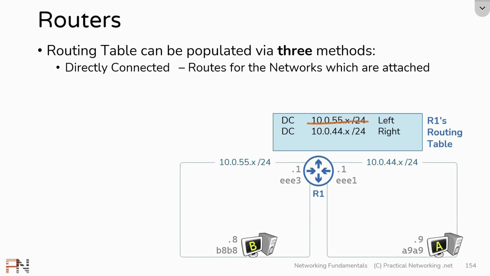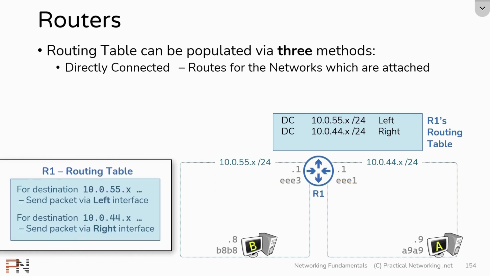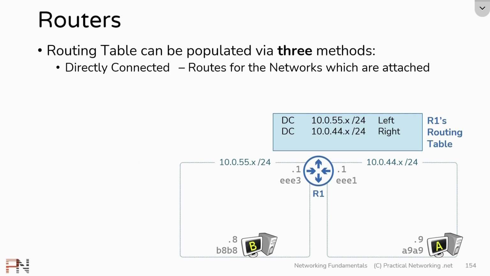The first one, telling R1 that the 10.0.55 network exists out the left interface, and the second one, telling R1 that the 10.0.44 network exists out the right interface. Now, if this is familiar to you, it's because it's the exact same thing we had a moment ago when we looked at R1's routing table, except this is a more formal way of displaying a route.